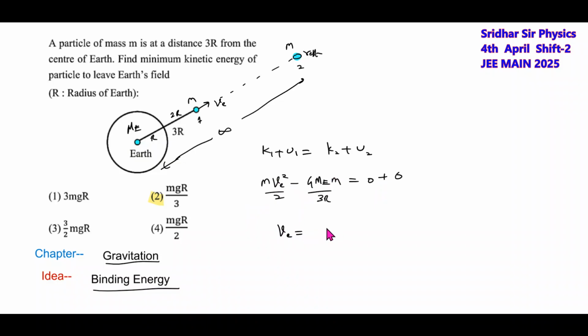So the escape speed squared will be 2GMe by 3R, or 2GMe by R² into R. GMe by R² becomes g, so v² will become 2gR by 3.